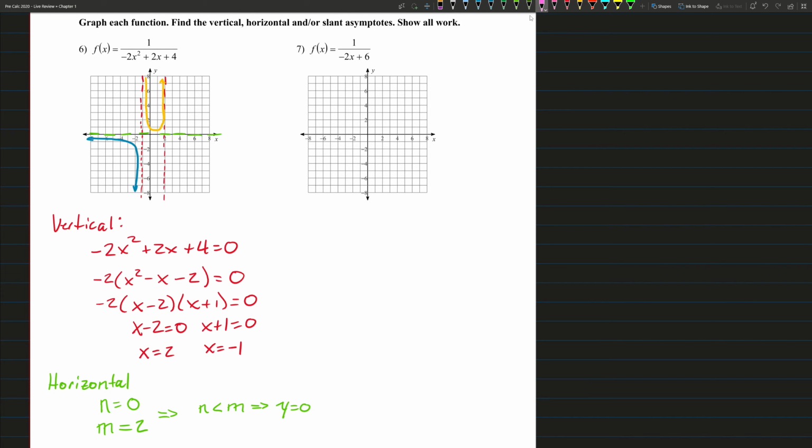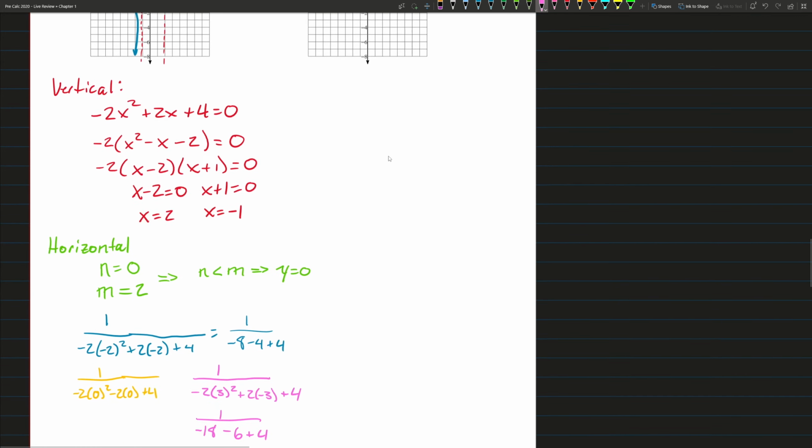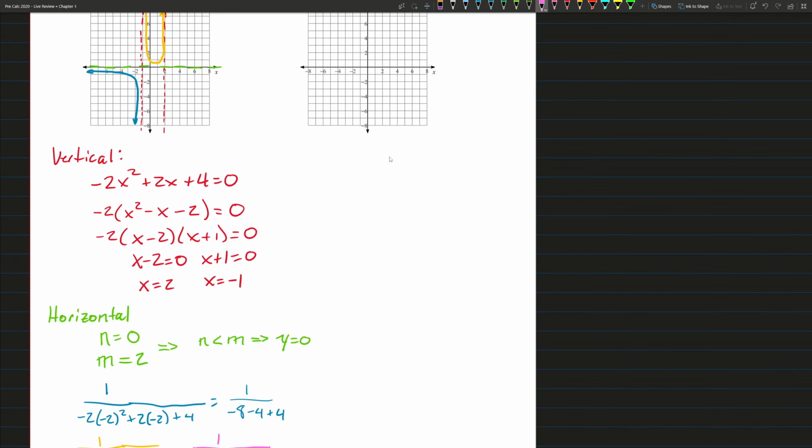Okay, then we test to the right, so we can test 3. And when we do that, 3 squared, that's 9. So negative 18 plus 6 plus 4, that's clearly going to be negative, which is below 0. So our graph is going to look like this.